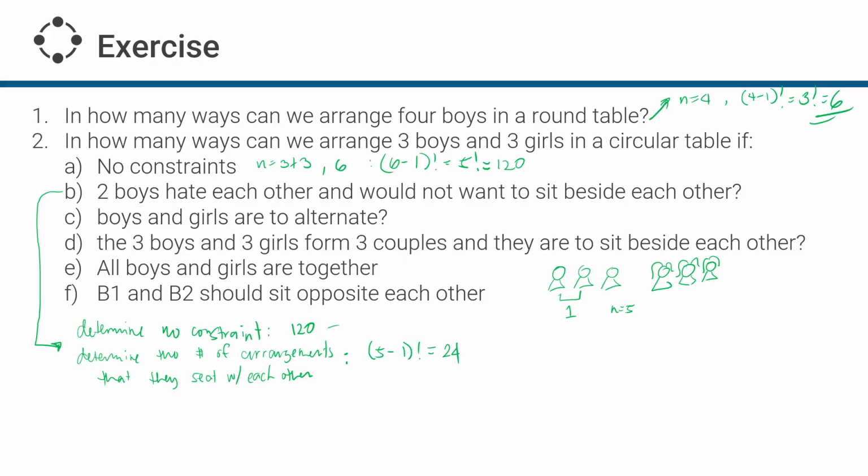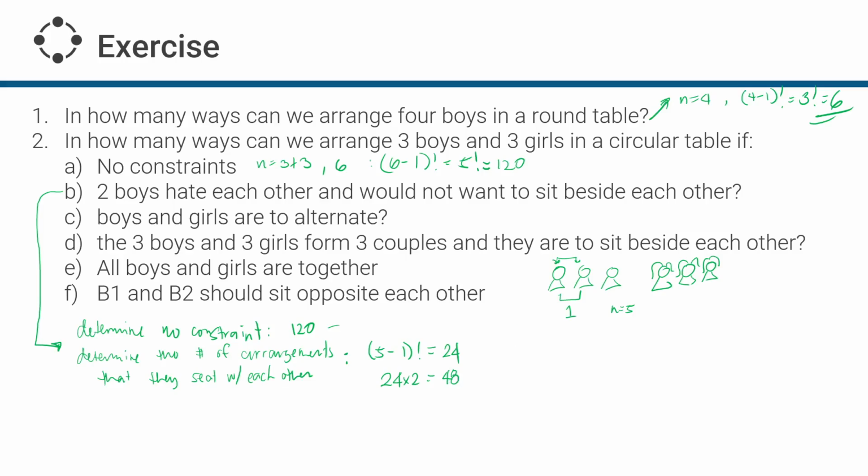Within the block, of course, they can switch with one another. So there are 24 times 2, because they might sit with one on the left and the other on the right, so they can switch places. So there are 48 possible arrangements in total.